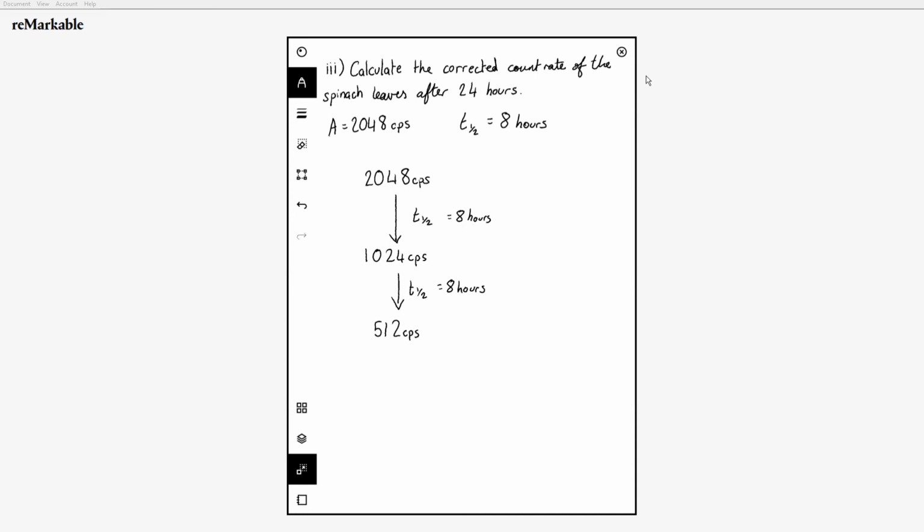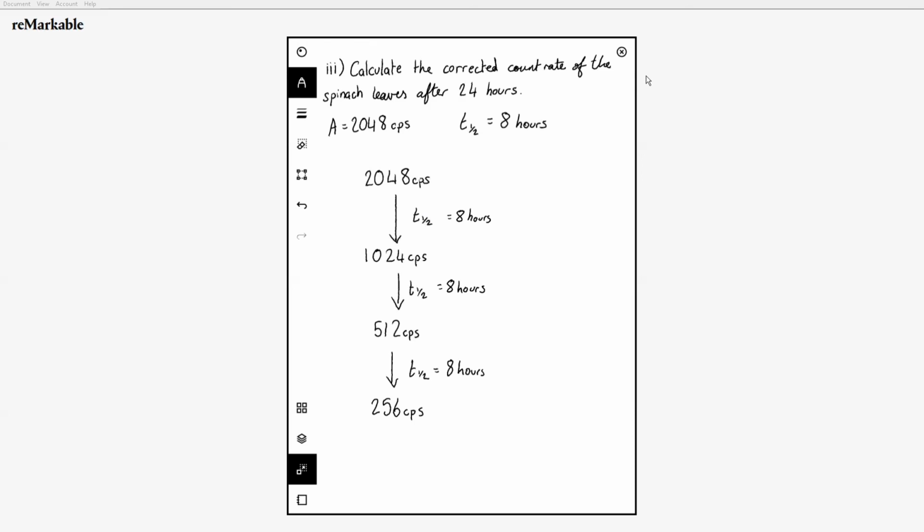That means 16 hours has passed in total. And after another half-life, which is another 8 hours, we've gone from time 0 to 24 hours later, just like it asked us in the question. That has a count rate of 256 counts per second. And that's what our final counts per second after 24 hours will be.